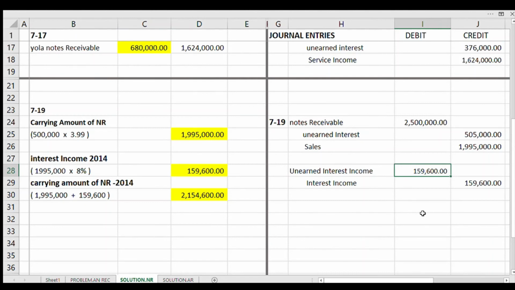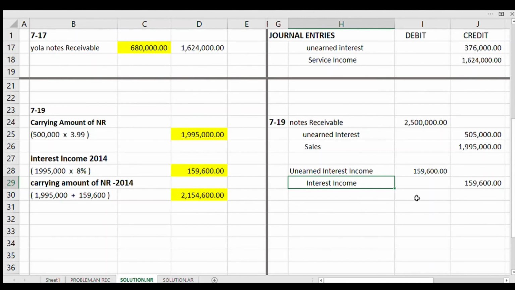Since this is a discount on note receivable, we have to amortize it. The amortization process is where we recognize the income over the years up to maturity.